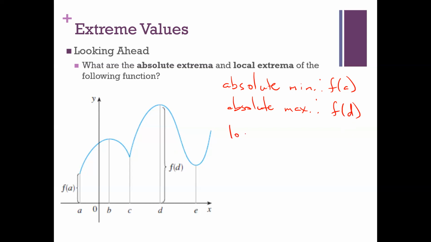Now these new things. I want to see what we all think before we formalize this, but local minimum. Remember the absolutes, we can also call those global extremes. How about the local minimum? I got a vote for F of C. Why are we saying F of C?